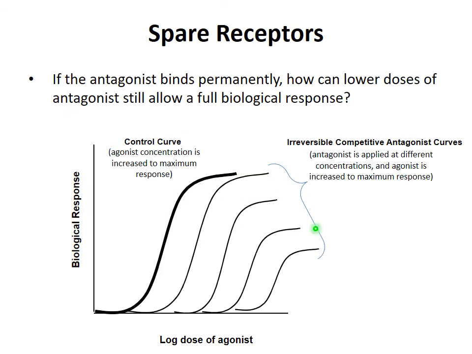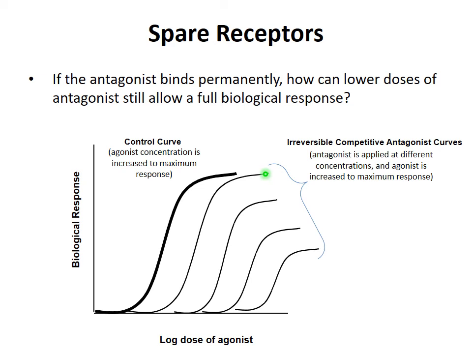Remember, we just said that this is what you would normally see with an irreversible antagonist. However, they found that if you give a low enough amount of irreversible competitive antagonist, you'll shift the curve to the right, but you'll still achieve the same maximum biological response.